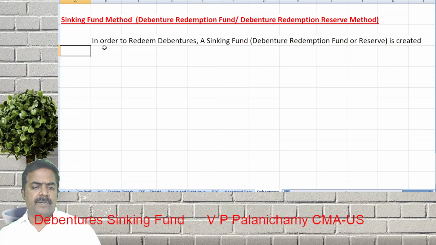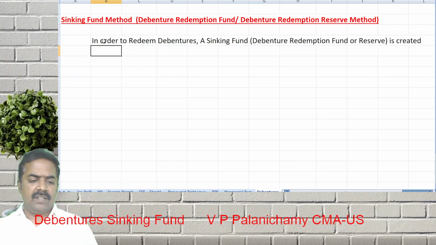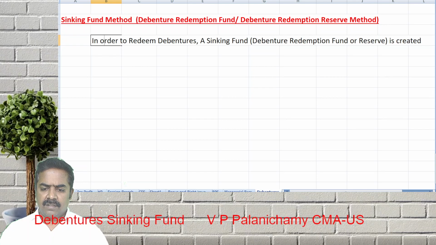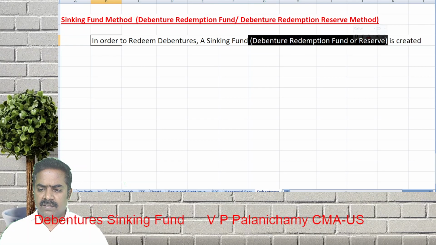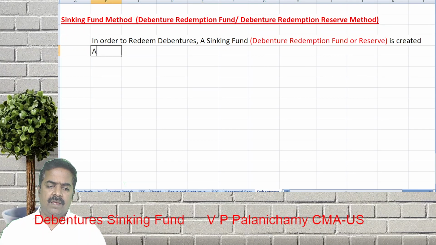In order to redeem debentures, a sinking fund is created. It is also known as the debenture redemption fund or reserve.